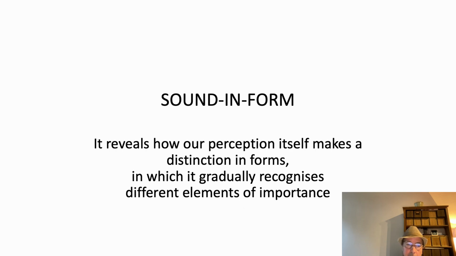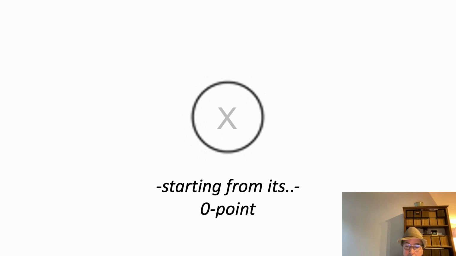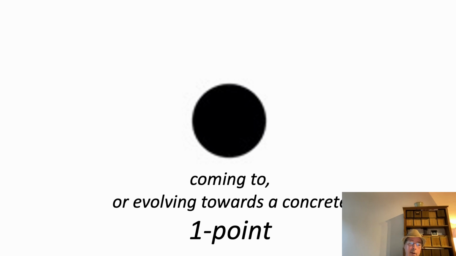It will reveal how our perception itself will make a distinction in forms in which it gradually recognizes different elements of importance. We will start with the empty circle. Our first focus upon one center, which immediately leads to the first letter A, starting from a 0 point but going or evolving towards 1 point or a real point.